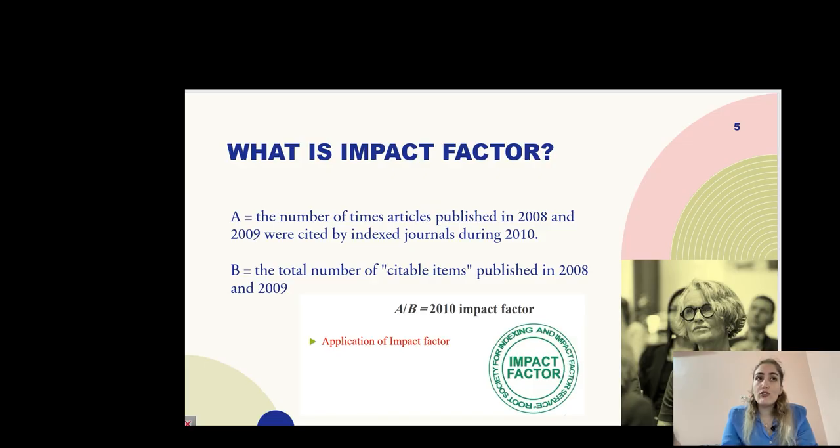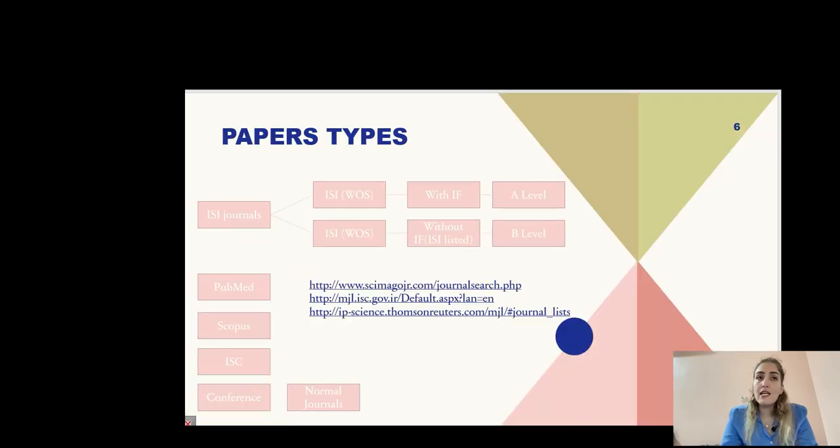We have ISI journals that don't have an impact factor, and we call these ISI listed. As for which paper types you can publish, at the lowest level are conference papers, then ISC, which is for Islamic countries, with multiple journals of their own, then Scopus, then PubMed, and at the highest level ISI journals.